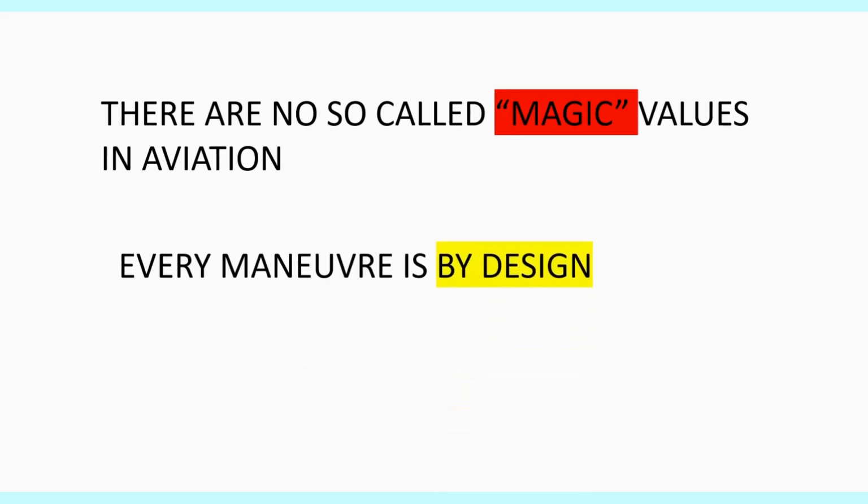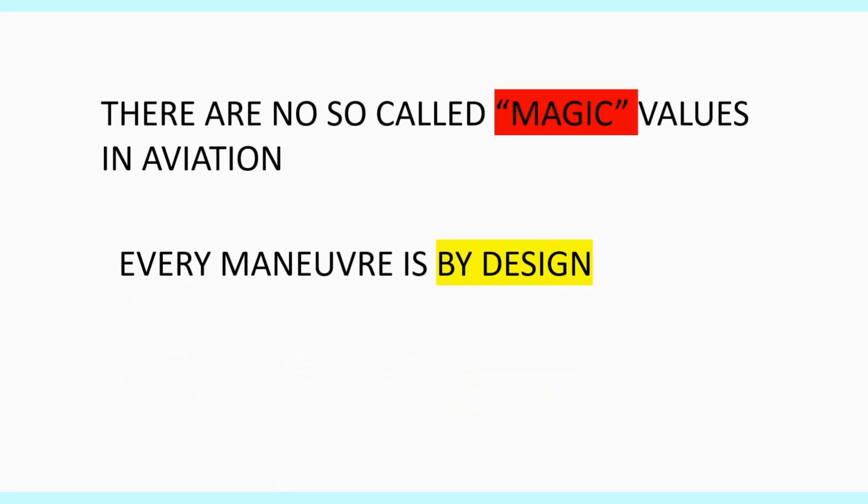Every maneuver we do is by design of the aircraft, keeping limitations in mind, not exceeding the manufacturer's limitation values and the like. Respecting limits is very important, because every aircraft design is subject to certain limitations which we don't exceed, intentionally or unintentionally, in any regime of flight.